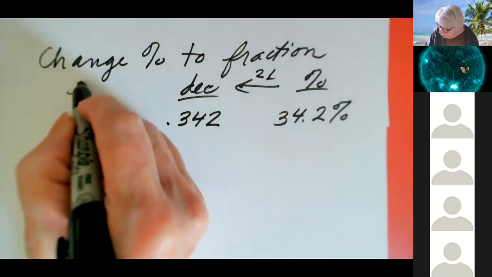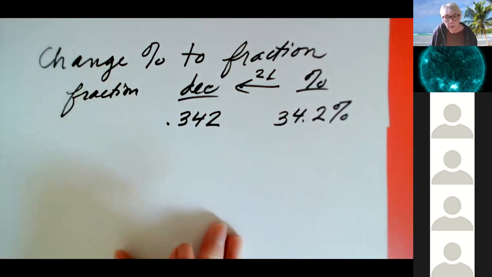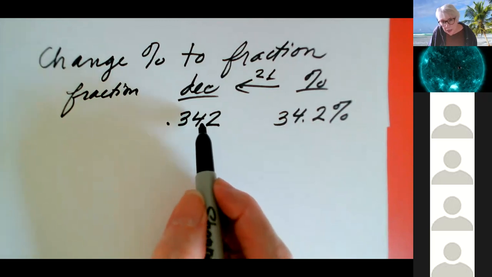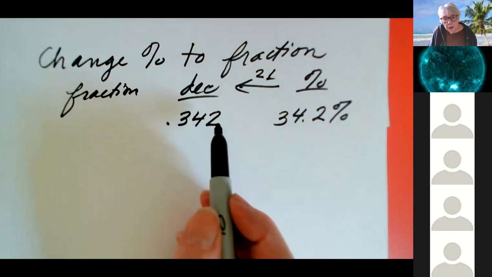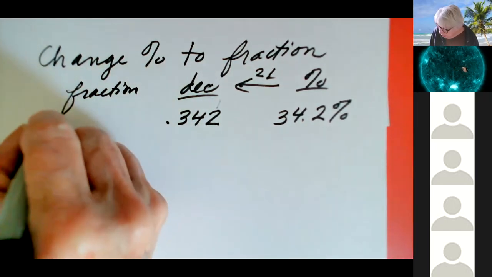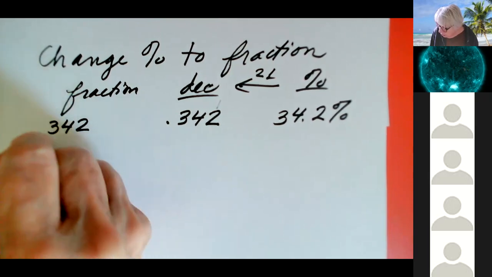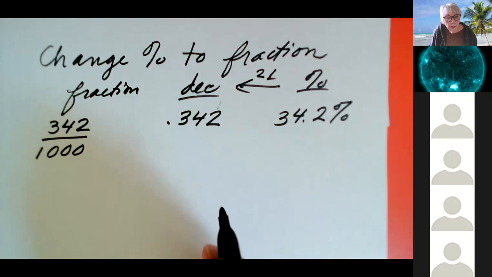If I made it a fraction, it's actually easier to go from here to there. This is 342 thousandths, 3, 4, 2 divided by 1,000. Okay. What's the problem?